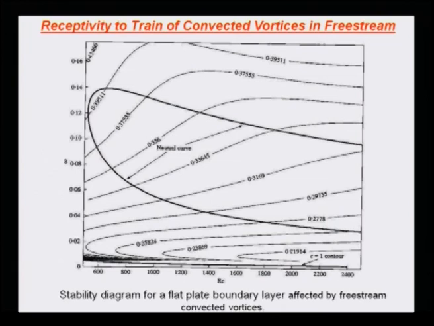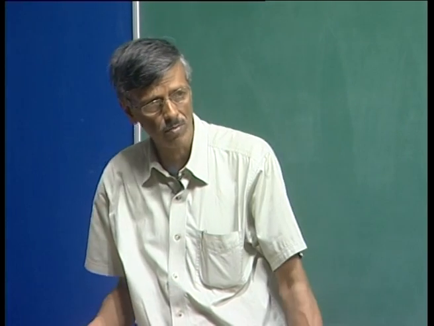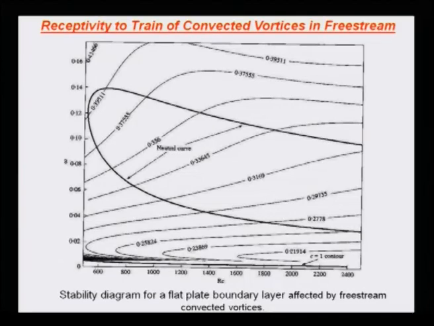Okay, so that is one thing. We also noted some other distinguishing features of free stream excitation. For example, here the disturbances have to be tracked along the c equal to constant line, because that's the speed at which the vortices are moving in the free stream. The c equal to constant line looks like this.